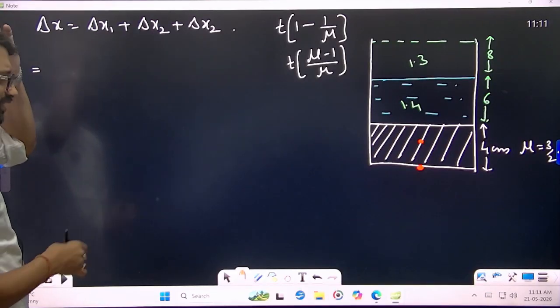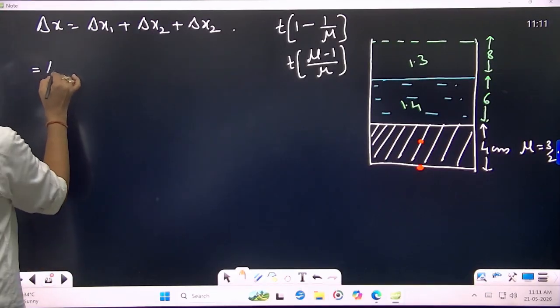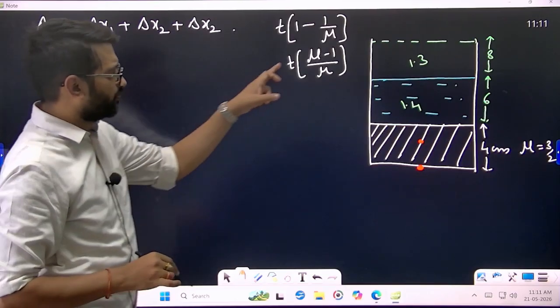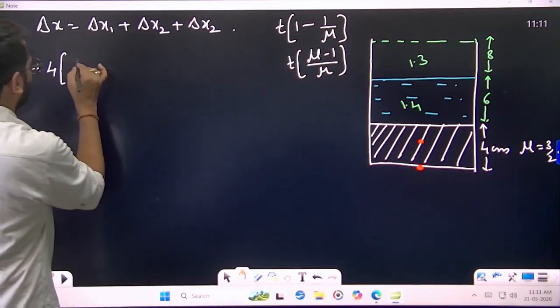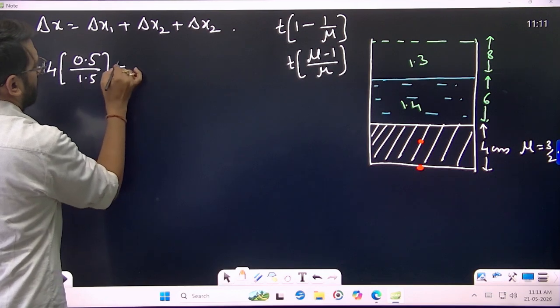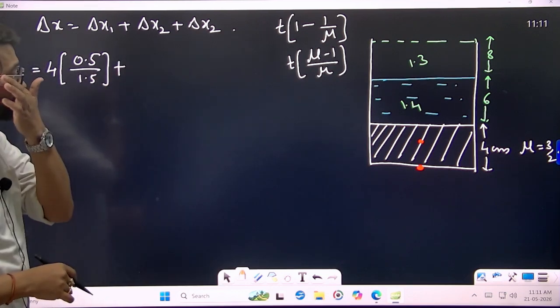So let us now check the first one. Thickness of glass is 4 into mu minus 1, mu is 1.5 minus 1, 0.5, divided by 1.5. The calculation might be lengthy.